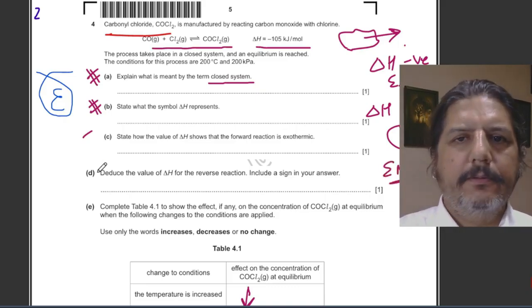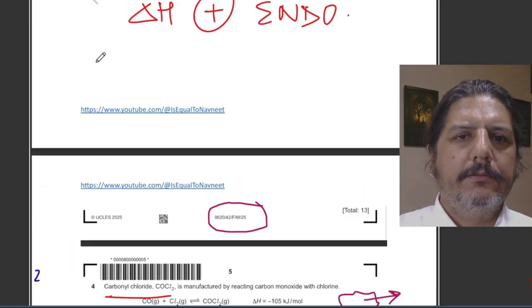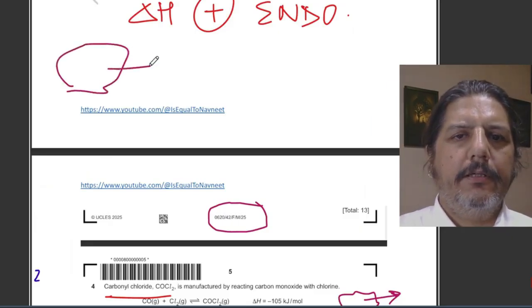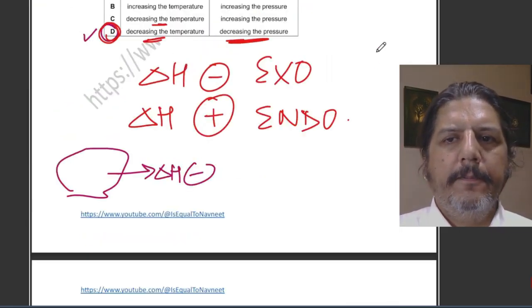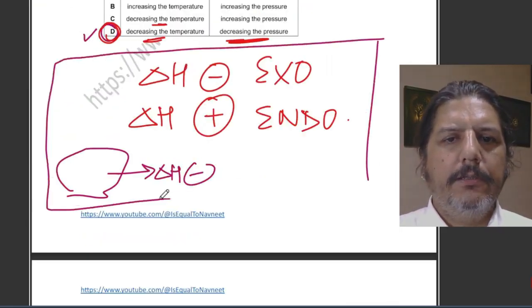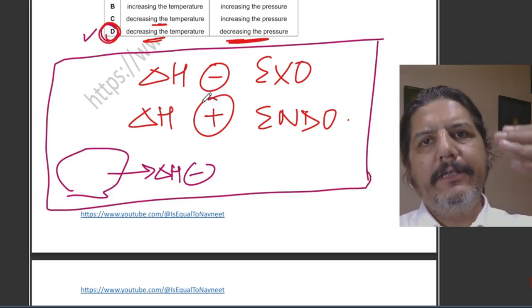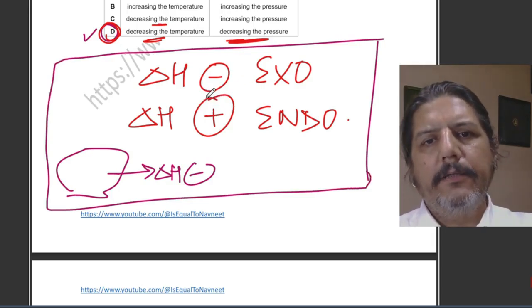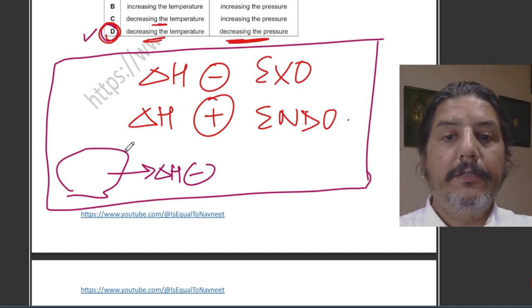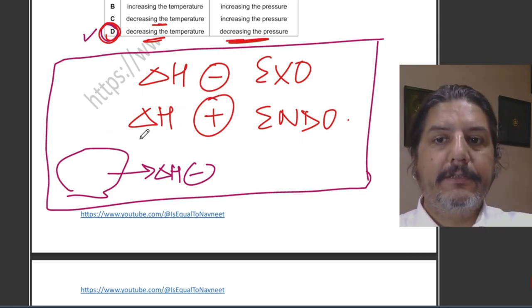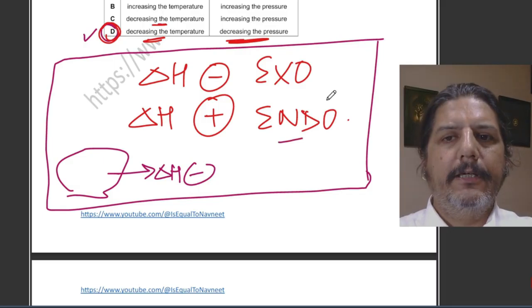So remember, whenever you see delta H to be negative, that means that net energy has left the system. And whenever delta H is positive, it means net energy has entered the system. And that's an endothermic reaction.